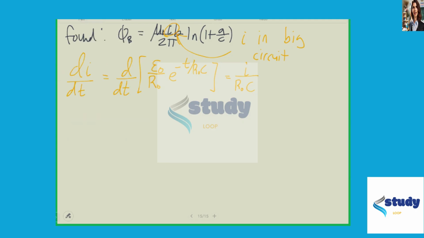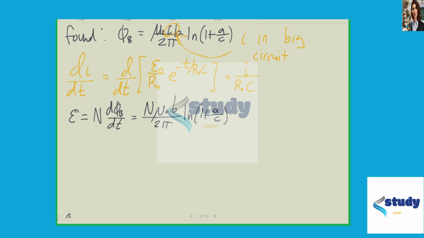So using that fact, we have the induced EMF is N dphi/dt, which is N mu naught B over 2 pi ln 1 plus A over C times dI/dt, right?